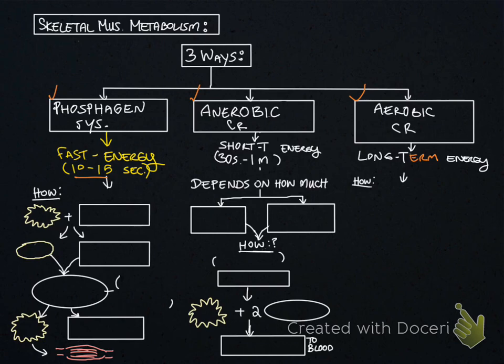With the phosphagen system, it takes ATP that is inherently in the muscles and creatine. It uses that ATP, and when we use ATP, we make ADP and creatine phosphate.